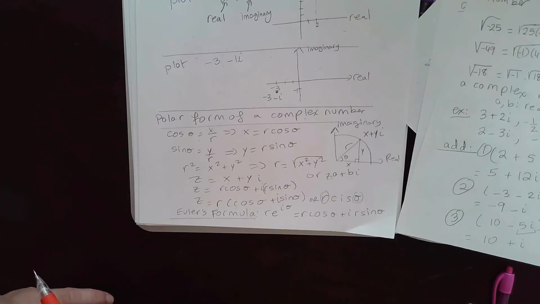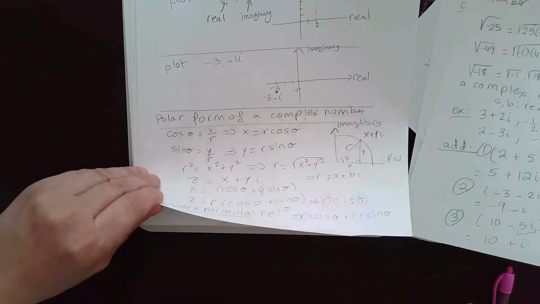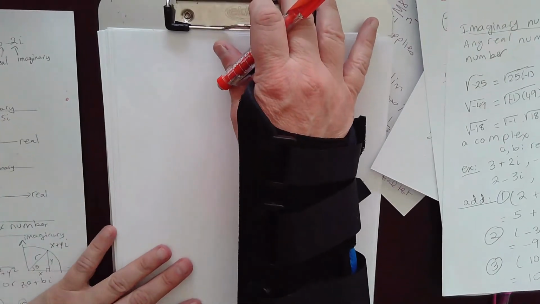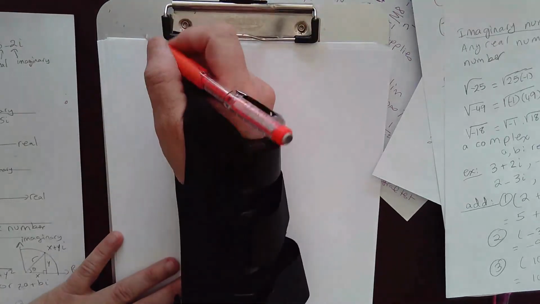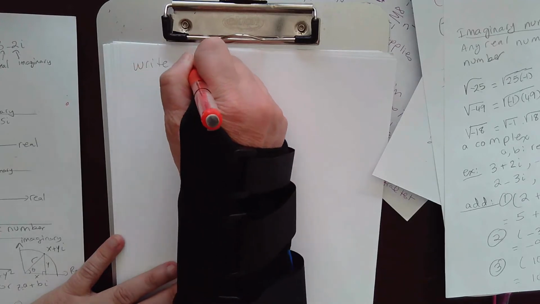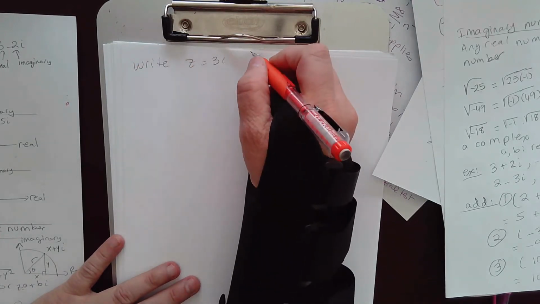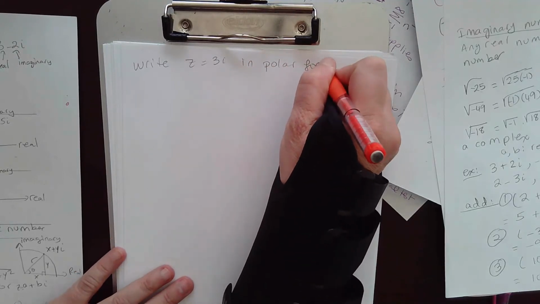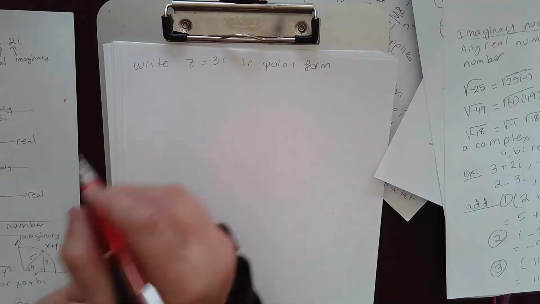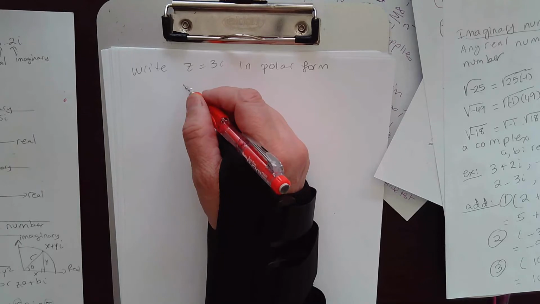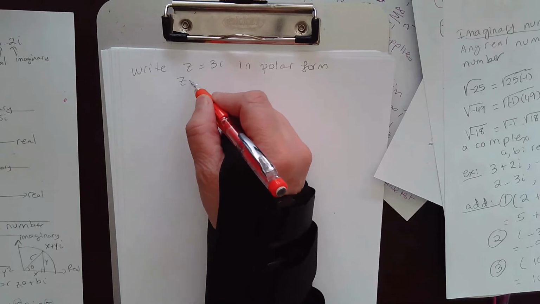Okay, so let's go ahead and use examples. Write z equals 3i in polar form. So how do we do this? Well, z doesn't have a real part, does it?